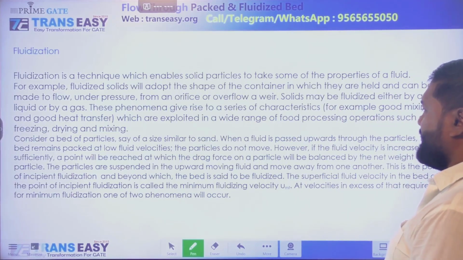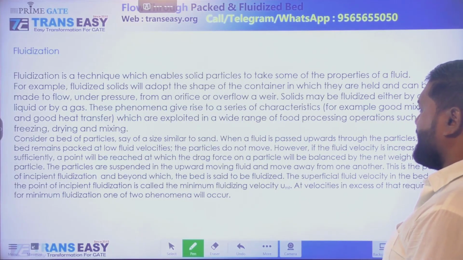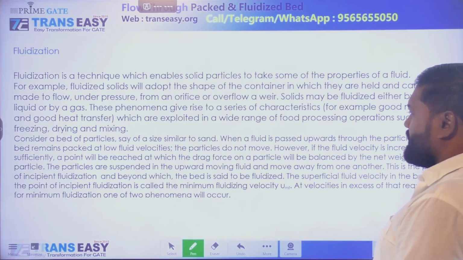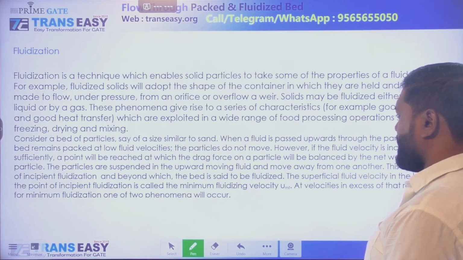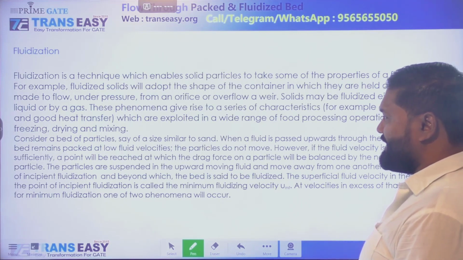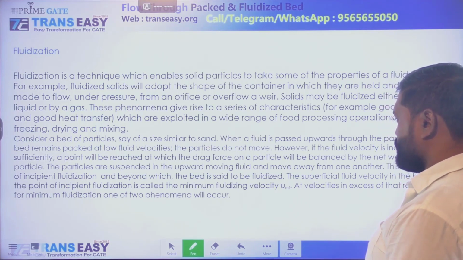A point will be reached at which the drag force on a particle will be balanced by the net weight of the particle. The particles are suspended in upward moving fluid and move away from one another. This is the point of incipient fluidization beyond which the bed is said to be fluidized.